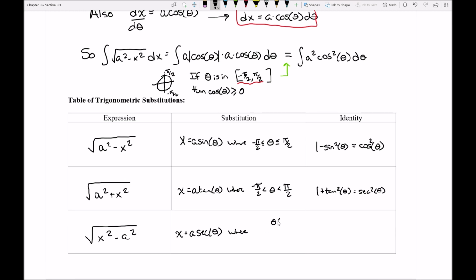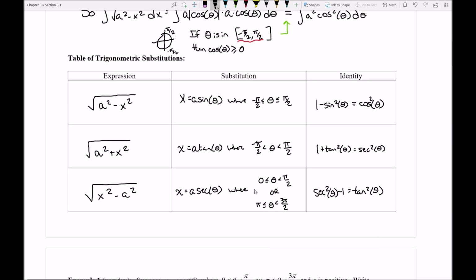I would have theta somewhere from 0 to pi over 2, or from pi to 3 pi over 2. We'll come back to that in a moment. I would also be able to use an identity of secant squared of theta minus 1 is equal to tangent squared theta. Now this last row is a little bit weird to see.